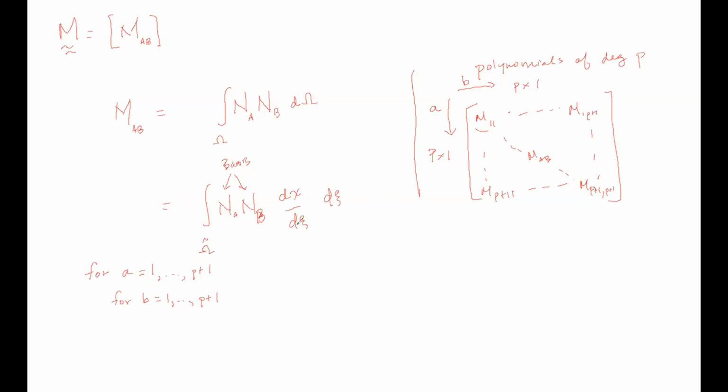This makes sense. Okay. All right. So now I'm at M_ab. I know that I'm at the abth entry of my mass matrix, so I now have to compute this integral.